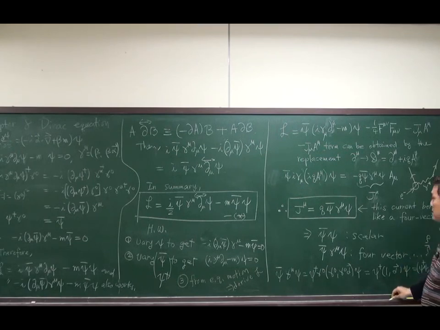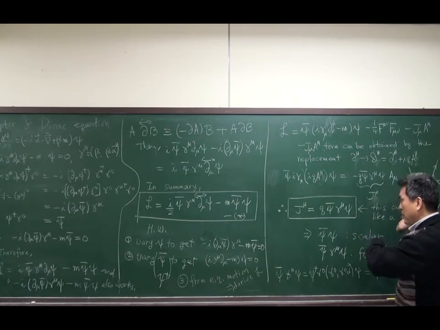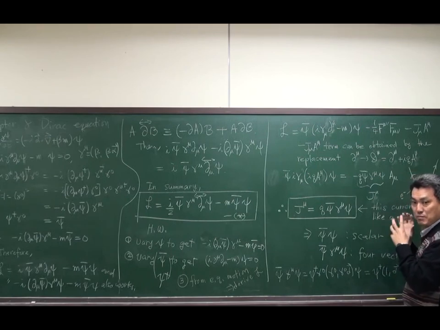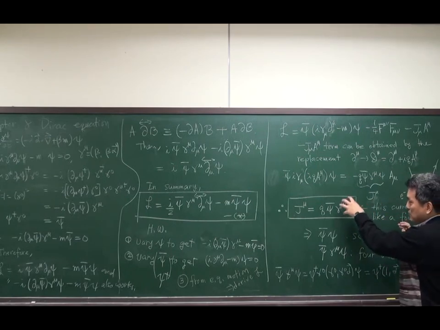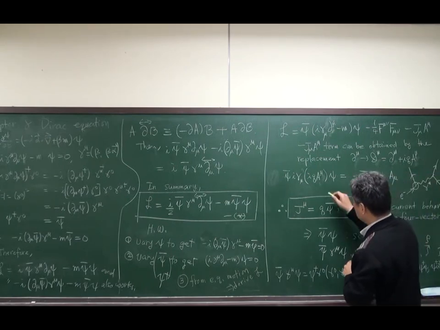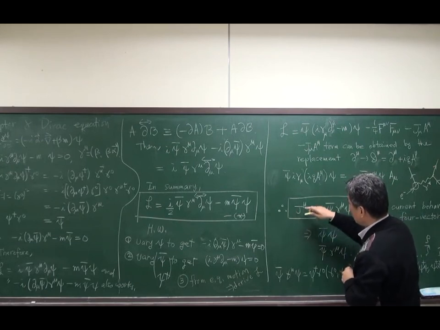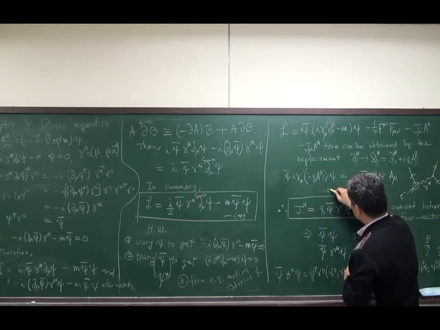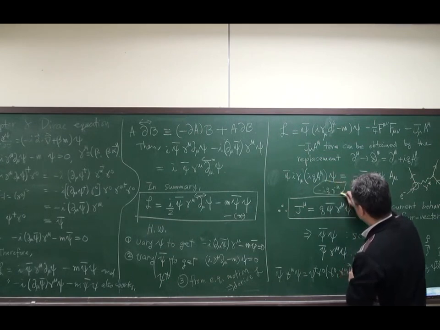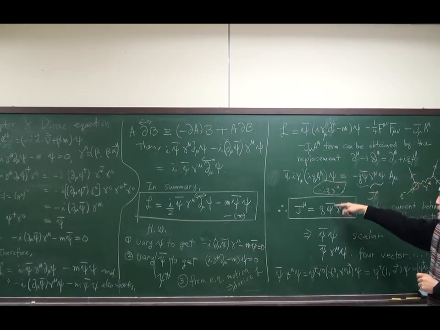So that wave function will be pulled out when we compute the matrix element, and only the Feynman rule remains. So minus iQγ^μ is the Feynman rule for the electron and photon.